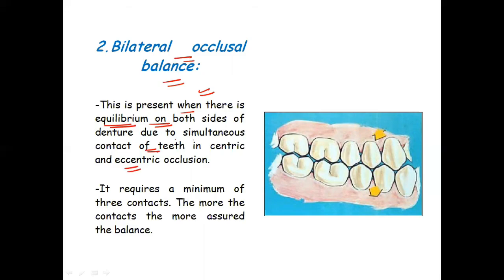That means there must be simultaneous contact of teeth in centric relation and smooth gliding in eccentric positions. It requires a minimum of 3-point contact, one in the anterior region and two in the posterior region. Right? For minimal occlusal balance, this is a must. And the more the number of contacts, the better the balance.